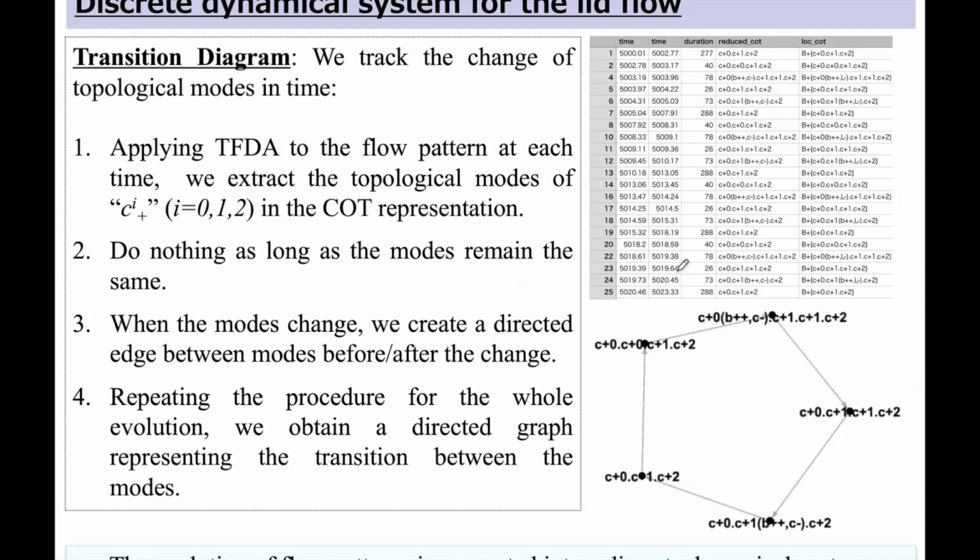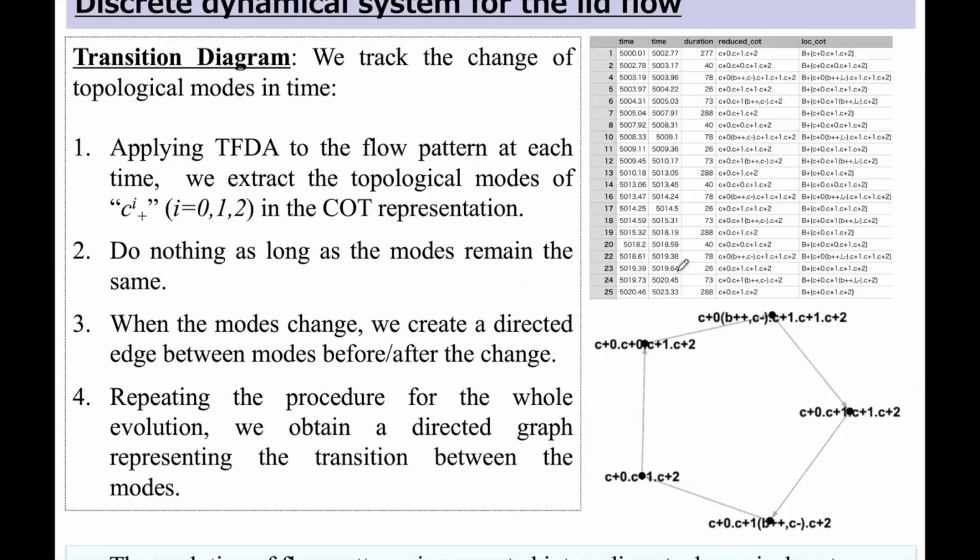So here is an example. Here, from 5,000 to 5,277 steps, the topological mode is C0, C1, C2, but at 228, we have C plus 0, C plus 0, C1, C2. Then we can create the edges from C0, C1, C2 to C plus 0, C plus 1, C plus 2.